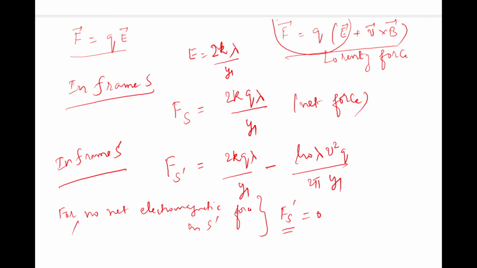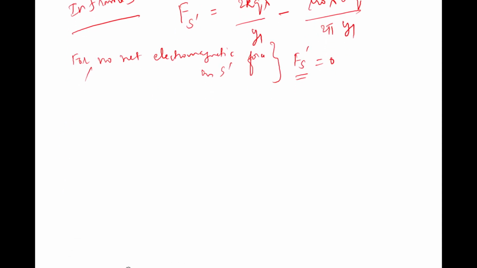For that, this has to be equated to 0, right? That means whatever we have written here for Fs prime implies 2k q lambda over y1 minus mu naught lambda v squared q over 2 pi y1 equals 0, right?